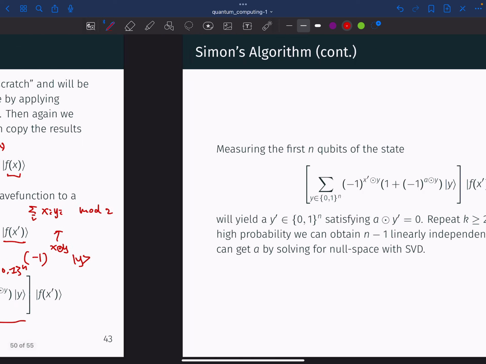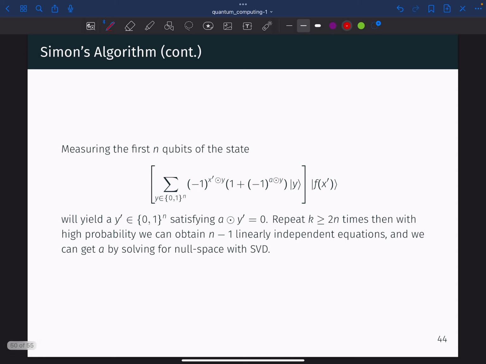And notice that we will only get a non-zero coefficient for y if y satisfies this relation.